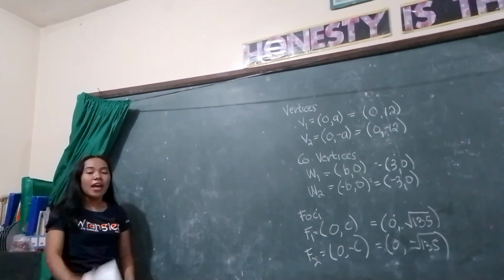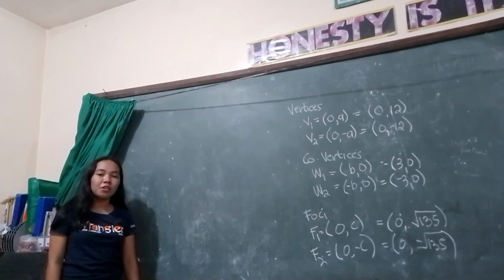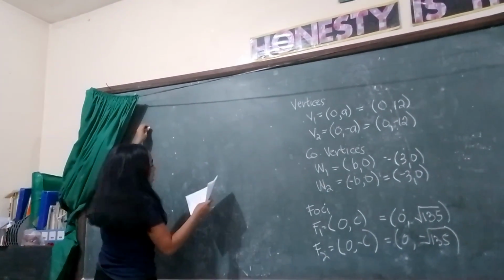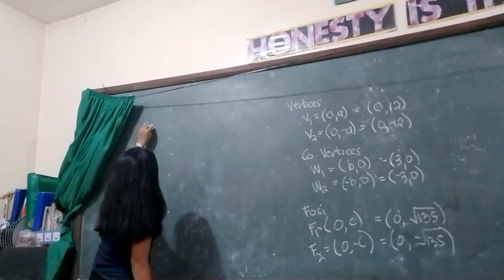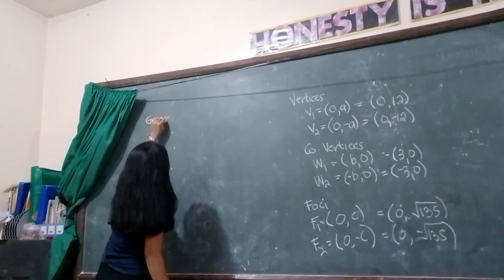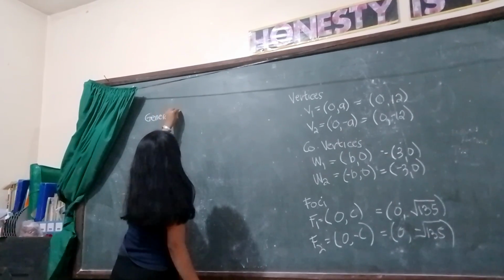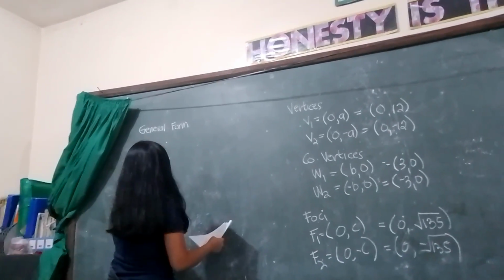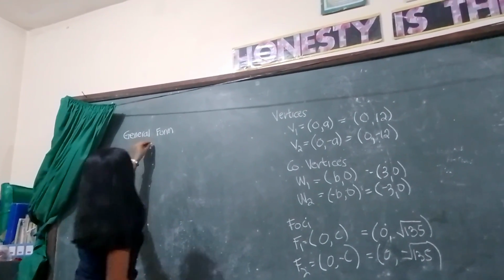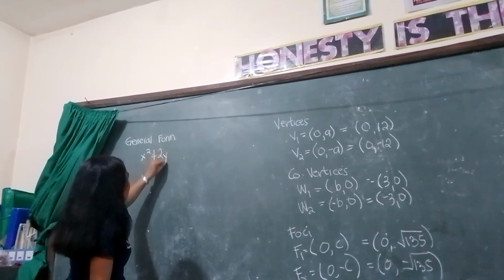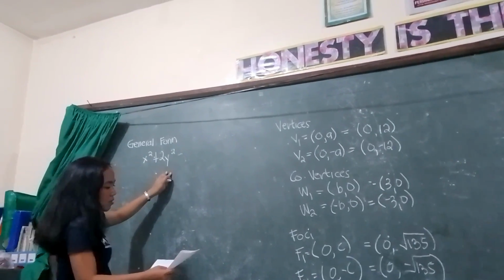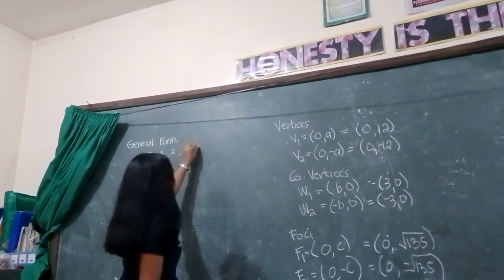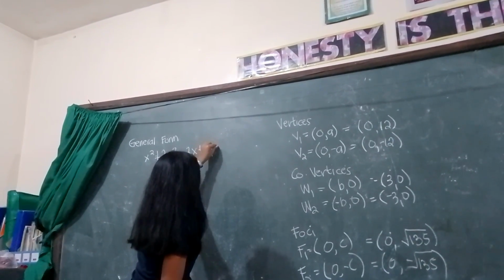Let's have another example in which the center is not 0 and 0. So we have the general form x squared plus 2y squared minus 2x plus 8y minus 11 is equal to 0.